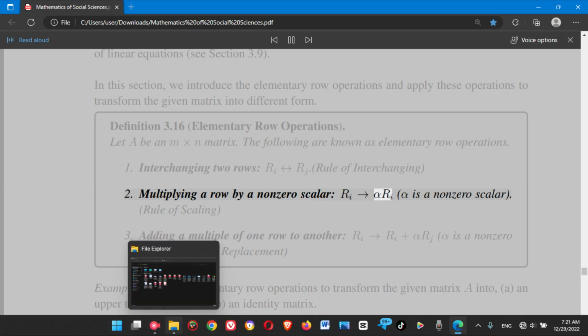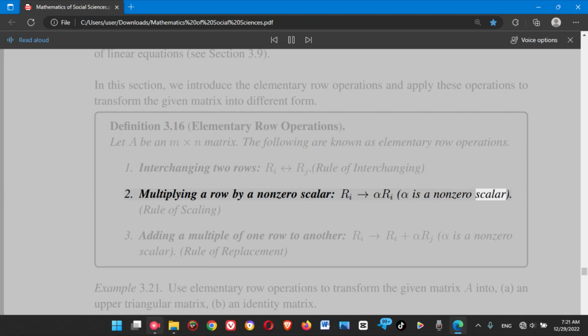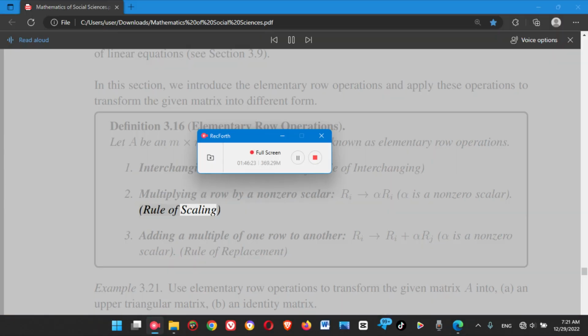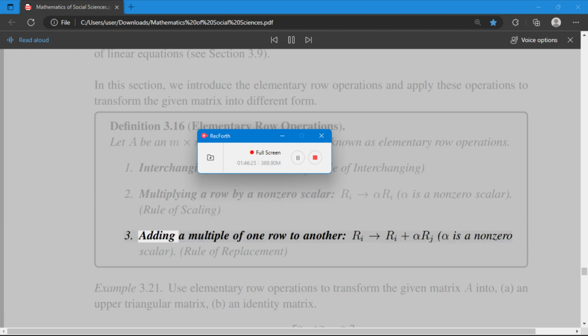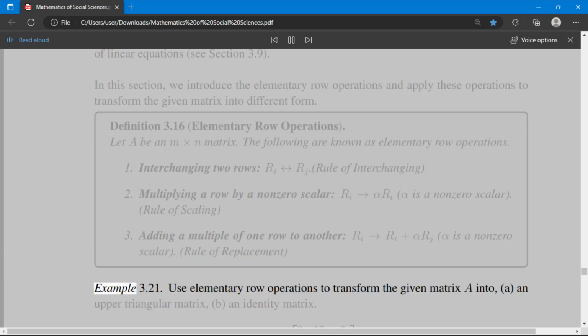Multiplying a row by a non-zero scalar. Ri rightward arrow alpha Ri. Alpha is a non-zero scalar. Rule of scaling. 3. Adding a multiple of one row to another. Ri rightward arrow Ri plus alpha Rj. Alpha is a non-zero scalar. Rule of replacement.